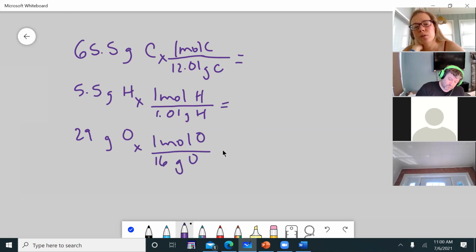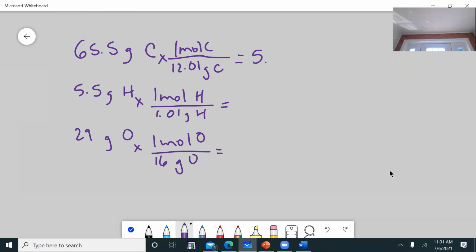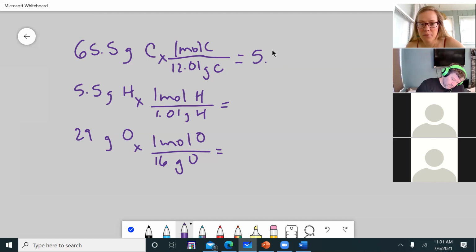So let's run those through your calculator. While I'm doing it, compare answers here. So 65.5 divided by 12.01 gives us 5.45 moles of carbon.